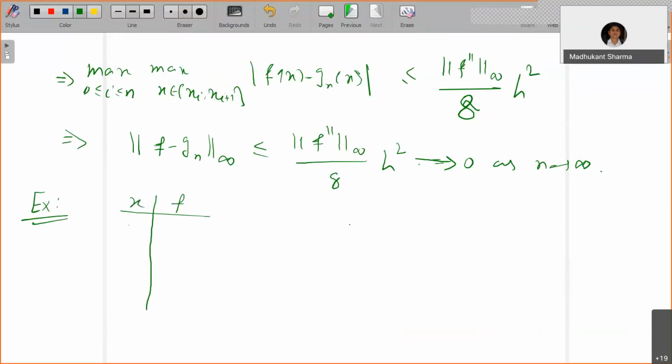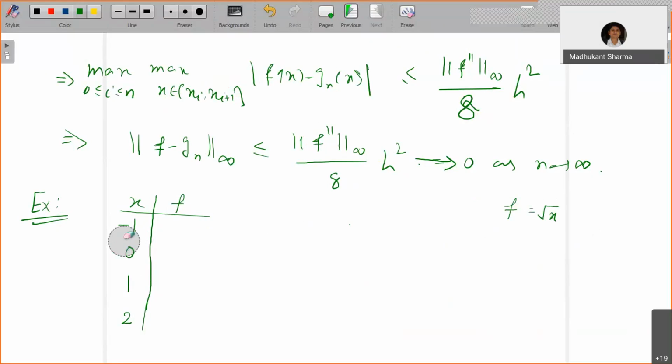Let's say the x values are minus 1, 0, 1, and 2, and f of x is, let's say, the square root of x. But we require two-time differentiability, so we can't define it on 0, 1, 2.